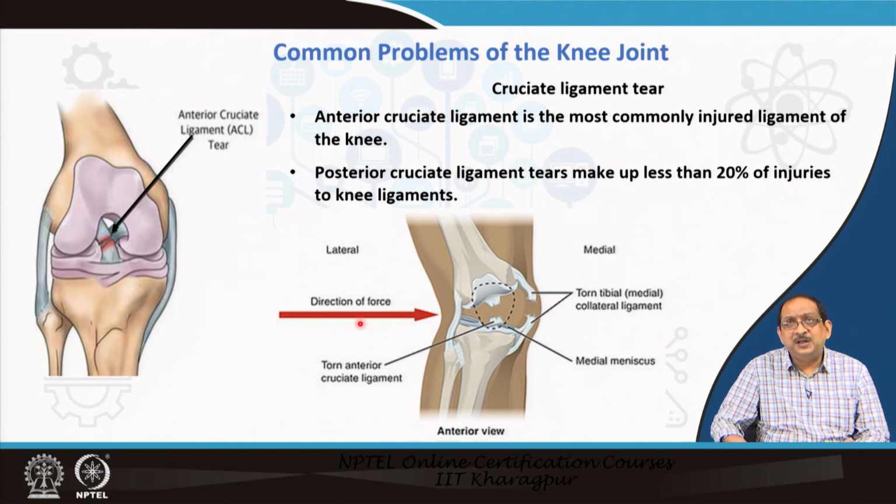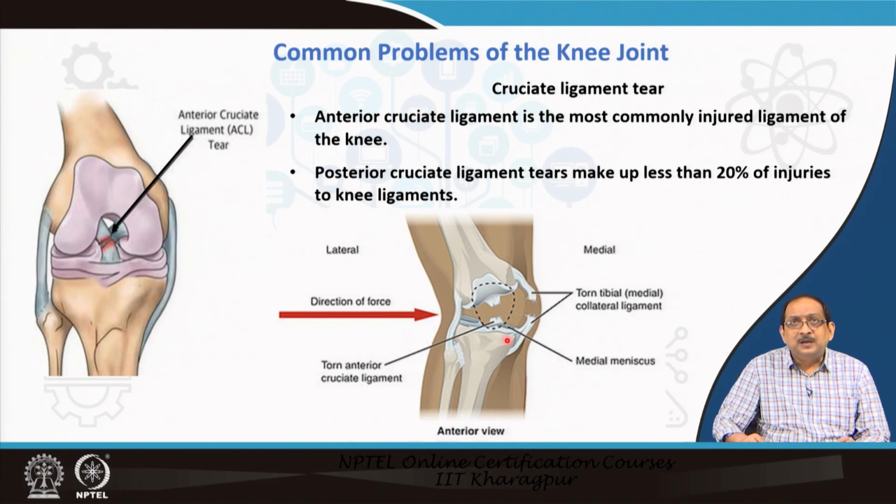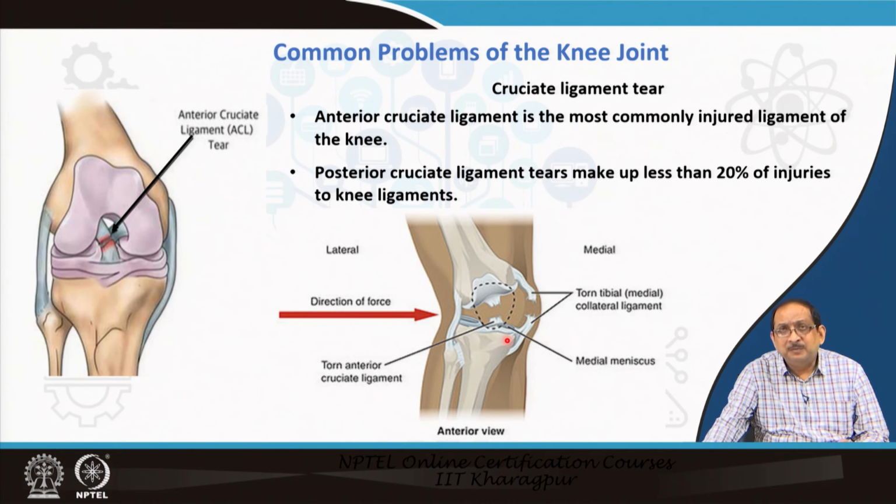The anterior cruciate ligament is the most commonly injured ligament of the knee, as indicated here in the figure and also here. In comparison, posterior cruciate ligament tears make up less than 20% of the injuries to the knee ligament.